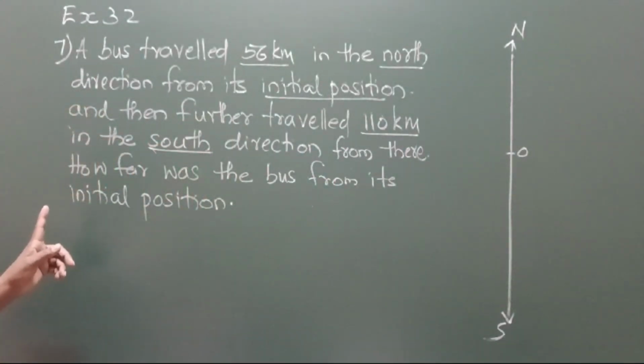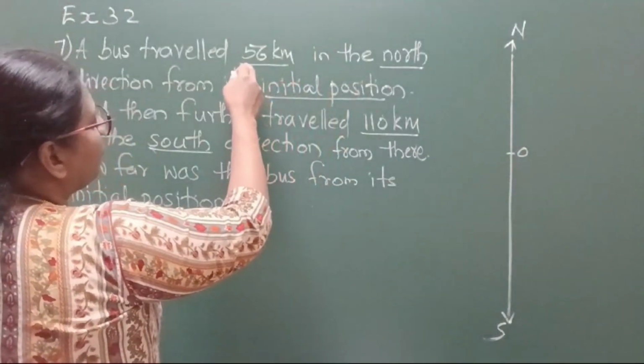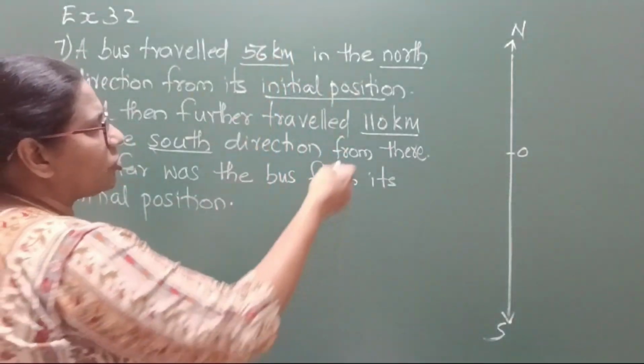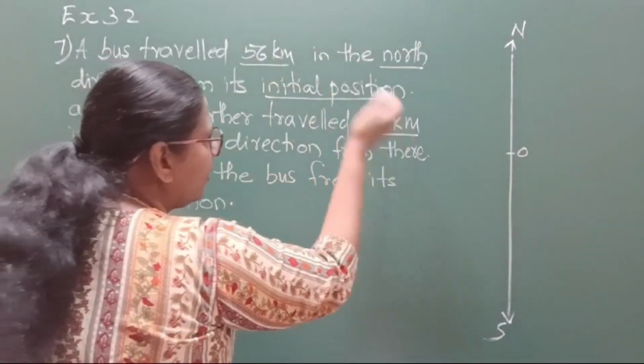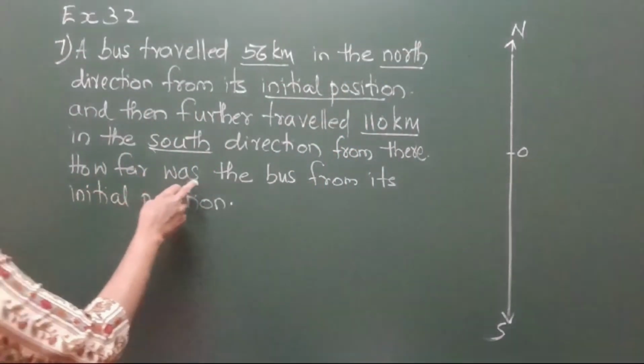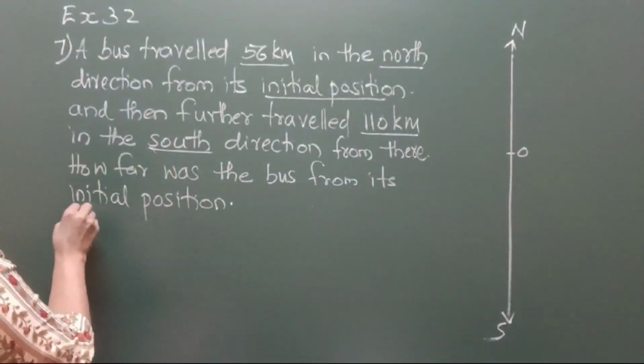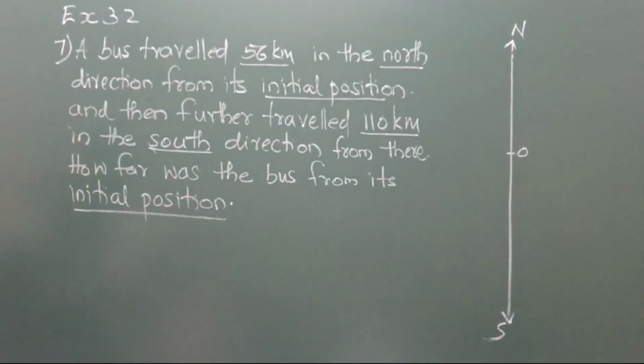From there, that means from 56 kilometer, it has travelled 110 kilometer towards the south. How far was the bus from its initial position, which is again important.